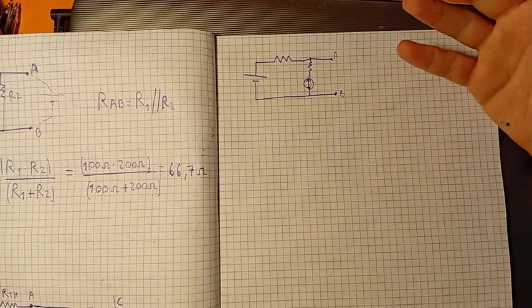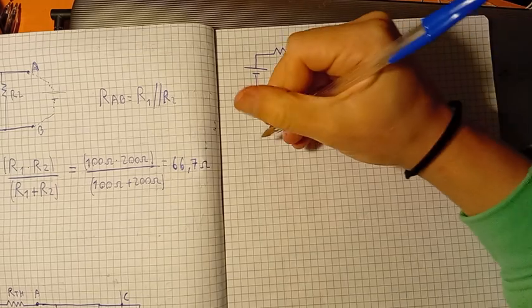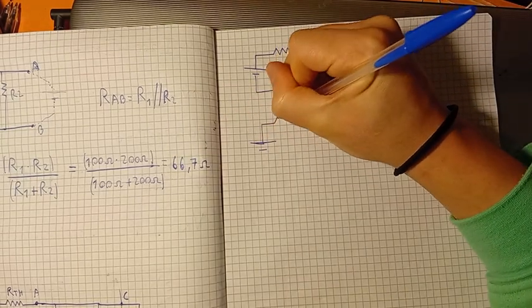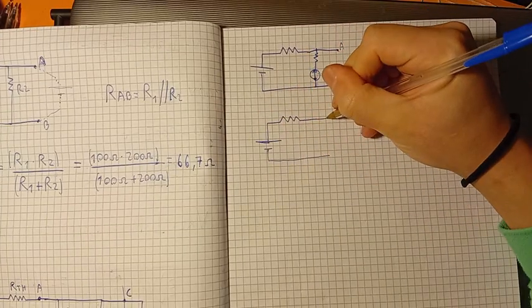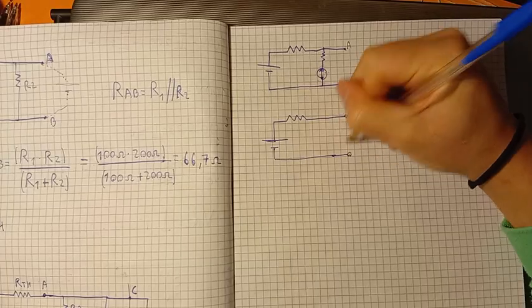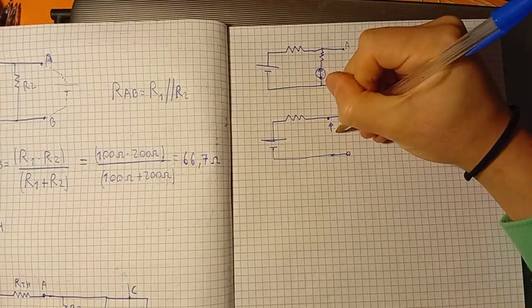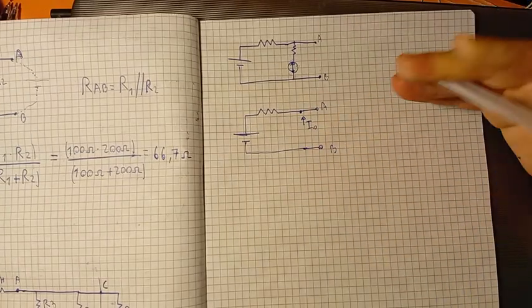So what happens here is that the circuit will be kind of like this, okay? It will be like this. But here I have a current, and it will be something like this.